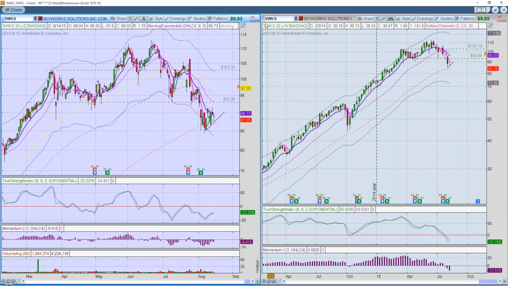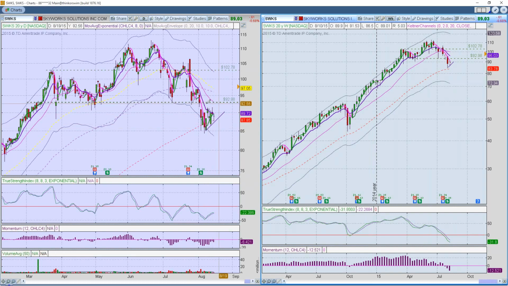So start identifying those additional support levels, and or if this little relief rally gets back up into the 91, 92 level, you may look for a potential short at that point. Let's see.